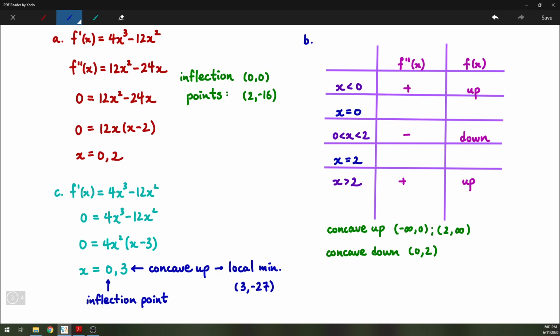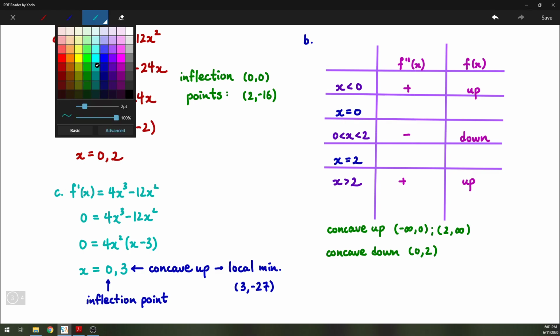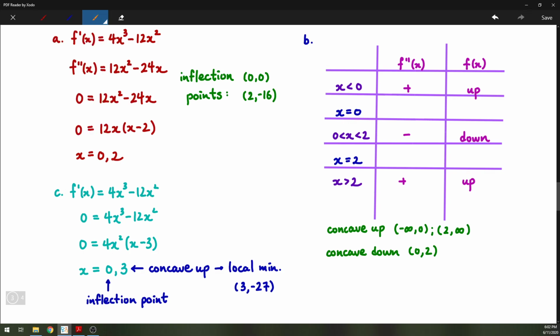Okay, and there's one more piece in order to sketch a very good graph that we need to add as well, and that is the original function f of x was equal to x to the 4th power minus 4x cubed. So if we set that equal to 0, and then we can factor out x cubed, get x cubed times x minus 4.